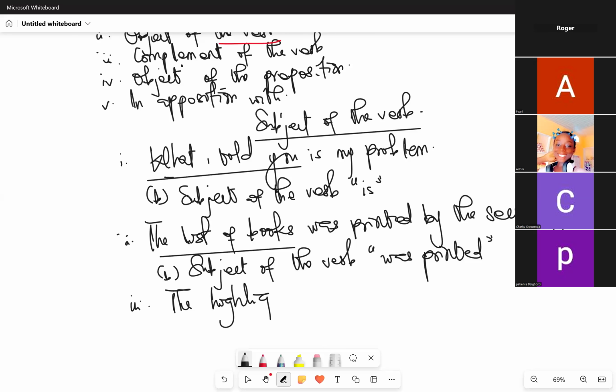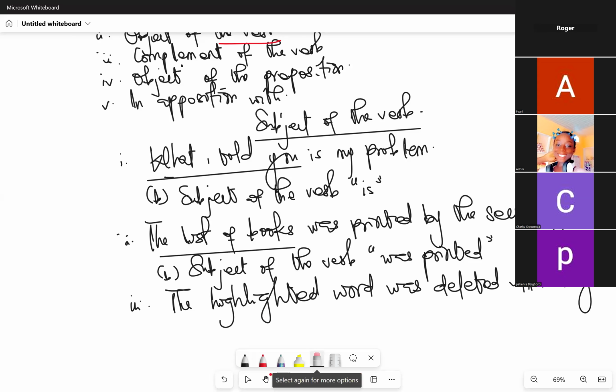The highlighter was deleted ultimately. What's the function?